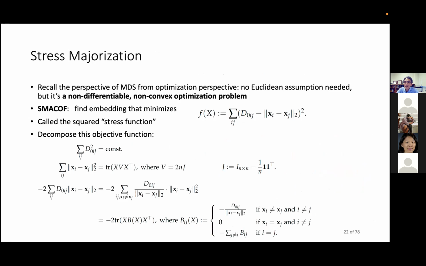I see. The biggest advantage for this one is that it's very generic. Here we don't have a Euclidean assumption. It's a generic optimization problem where we don't know if this D matrix is a Euclidean distance or a geodesic distance. We just solve it using optimization. That's the major part about this SMACOF framework.